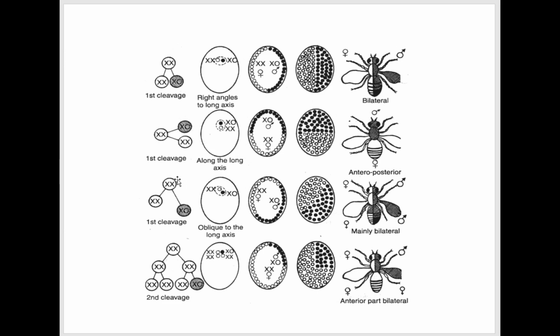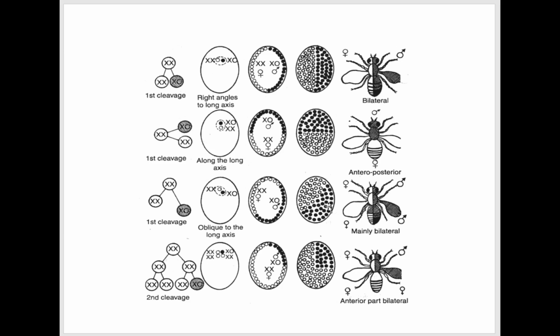Suppose the mitotic spindle or cleavage spindle is oblique or in a slant position, neither perpendicular nor parallel to the egg axis. If it is in an oblique position, obviously half of this region of the zygotic cells shows XX chromosomes and femaleness, and the remaining half with only one X chromosome shows maleness. Finally, a large number of cells are produced where half of them carry XX chromosomes and the remaining half carry only one X chromosome.